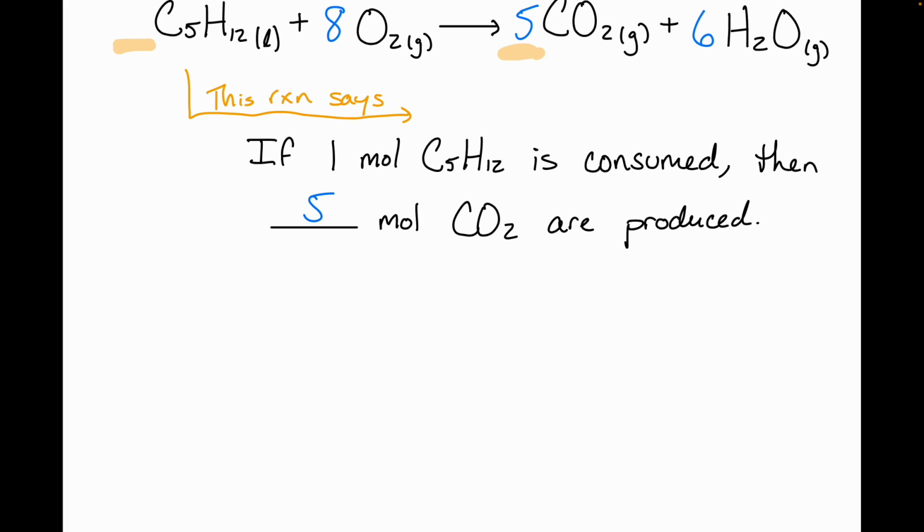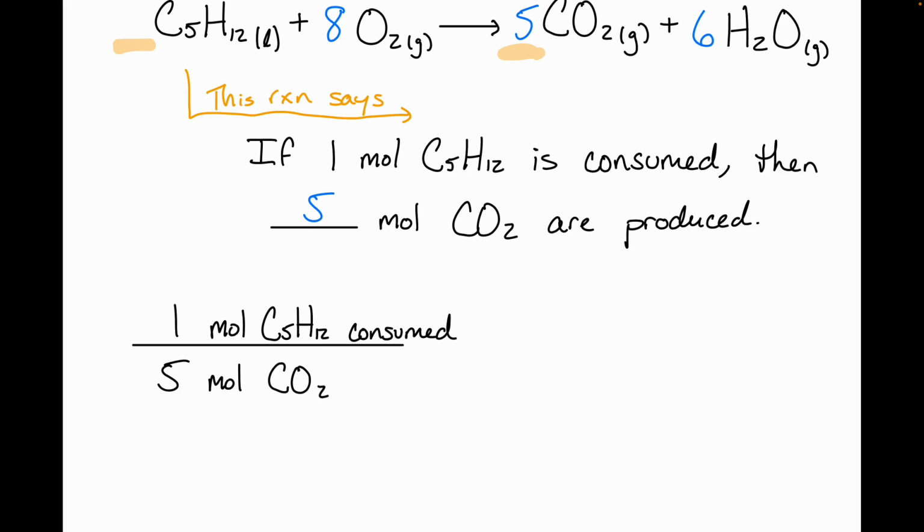So we can turn this into what we call a stoichiometric ratio, where I build one of those quantities over the other. So 1 mole of C5H12 consumed over 5 moles of CO2 produced.